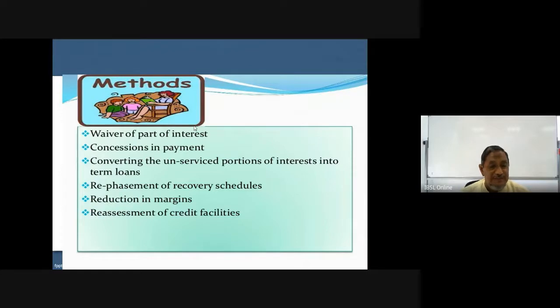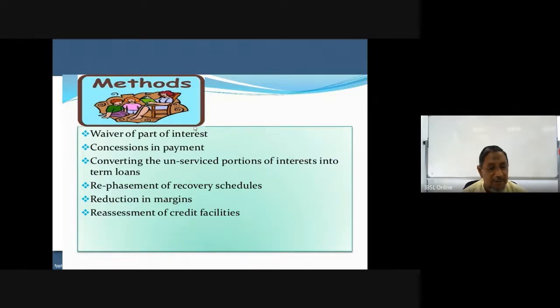Reassessment of credit facilities. If the customer's problem is due to insufficient capital, then capital has to be infused into the business. Most businesses fail because of lack of working capital.